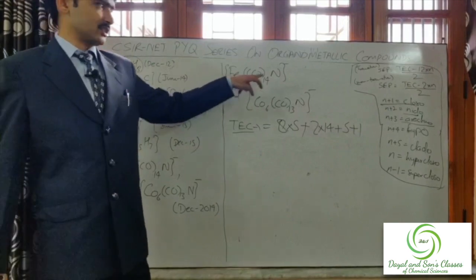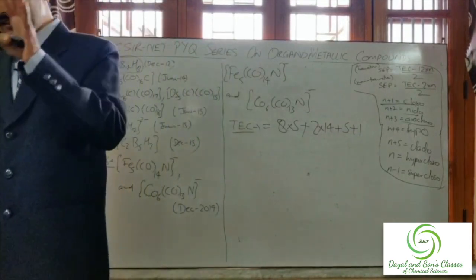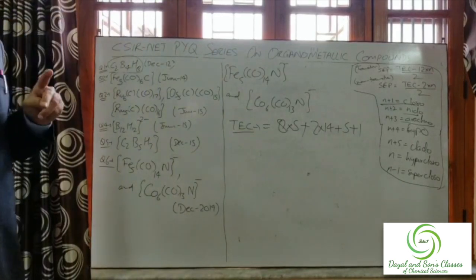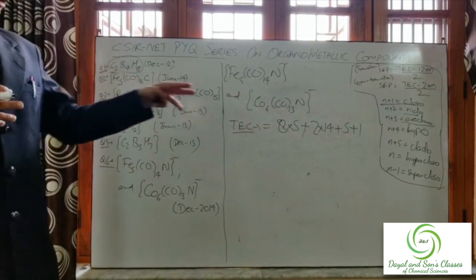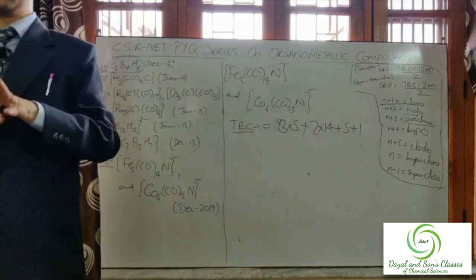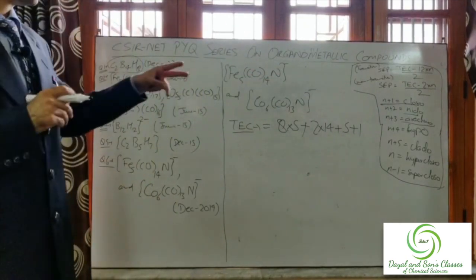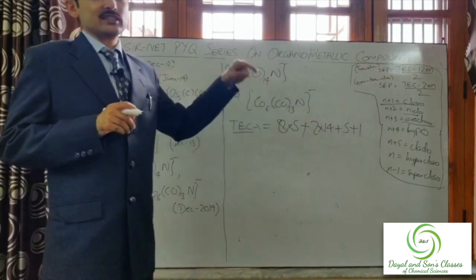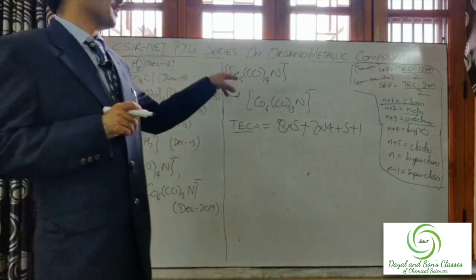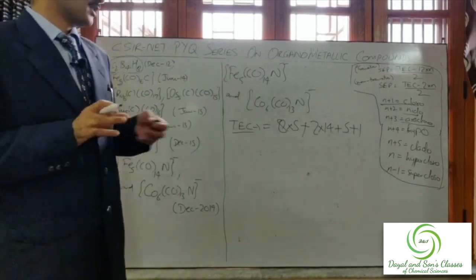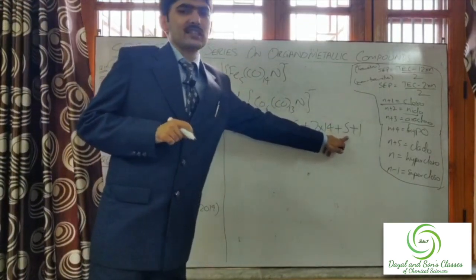In a multinuclear cluster, nitrogen is always present in the interstices, and when it is present in the interstices, it will contribute all its electrons toward the structure. Since nitrogen has 5 valence electrons, it will contribute all 5 electrons in the formation of the skeletal structure of this particular cluster. Therefore, we are taking the electrons as 5.